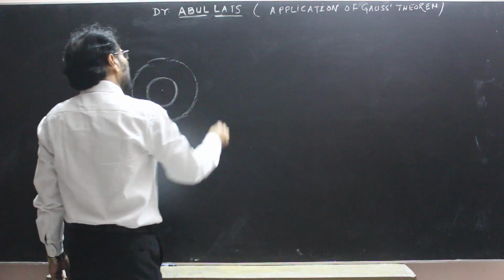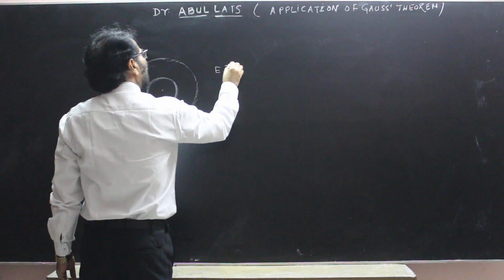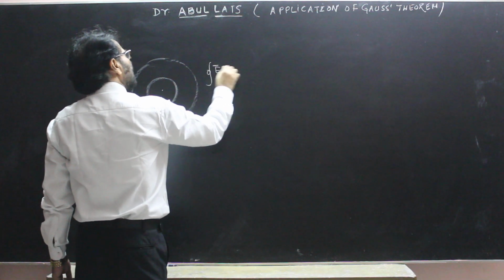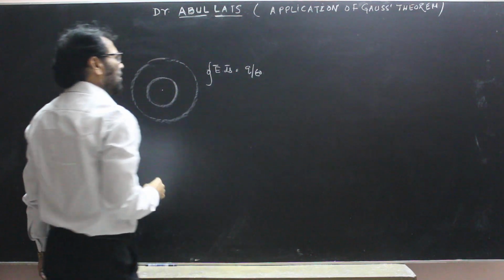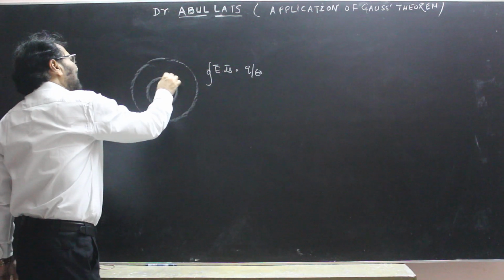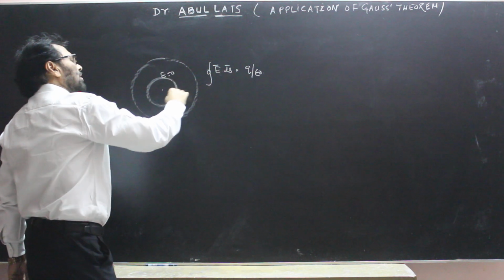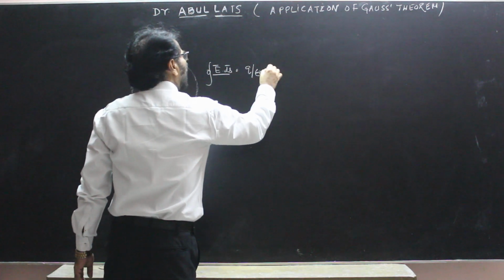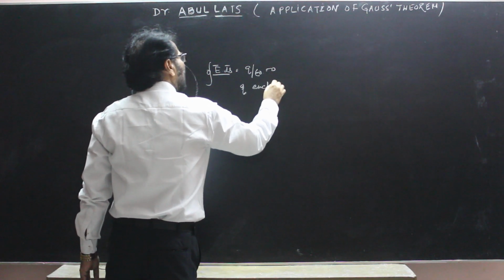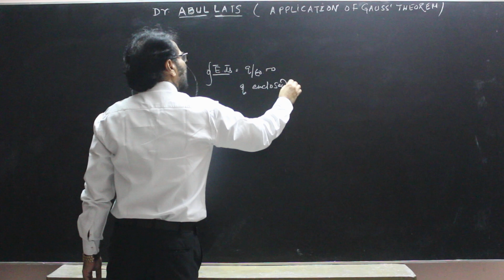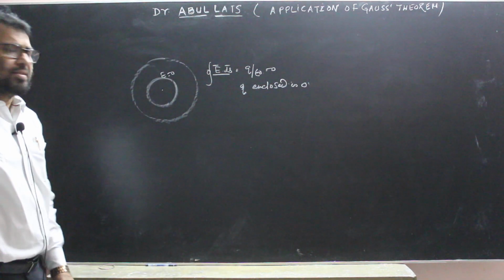When we apply Gauss's theorem, E dot ds is q by epsilon naught. But inside the conductor, the value of electric field is 0. So if E dot ds is 0, so charge enclosed is also 0. Charge enclosed in the Gaussian surface is 0.